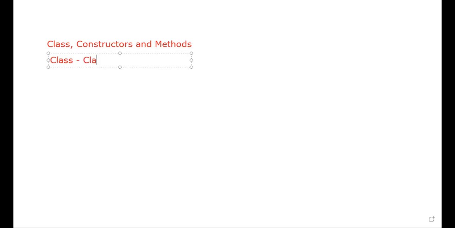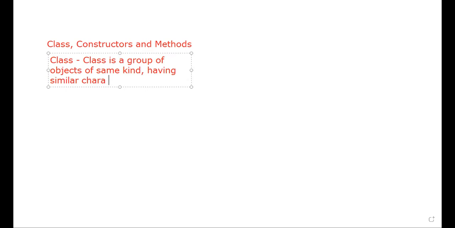Okay, a class is a group of objects of same kind having similar characteristics and behavior. This is how we define a class.